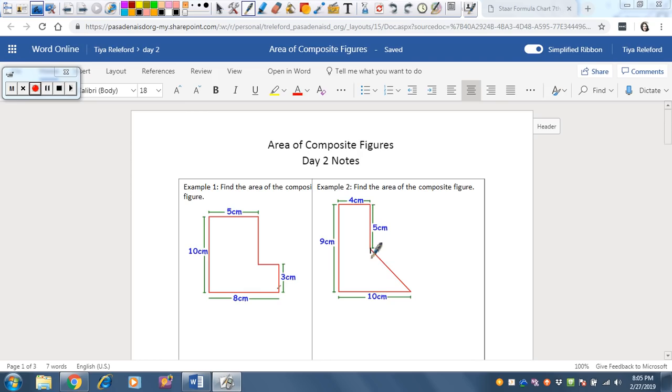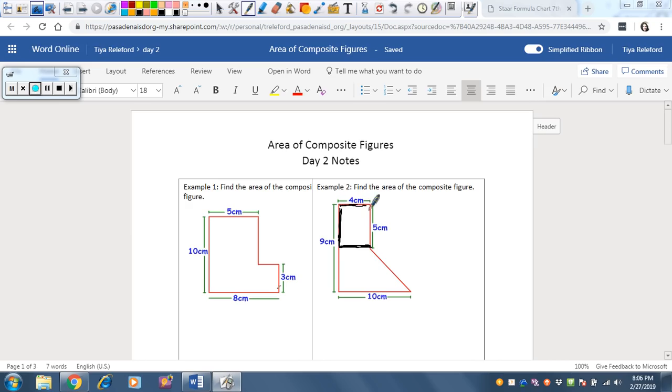You could cut it straight down, and it would be a rectangle and a triangle. That's fine too. Maybe you could cut it like that, and you would have a rectangle and a trapezoid that way. All of that works. I'm going to leave mine like this, just so that we can practice the trapezoid together.